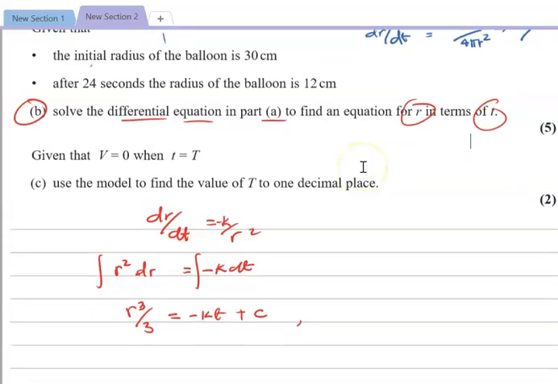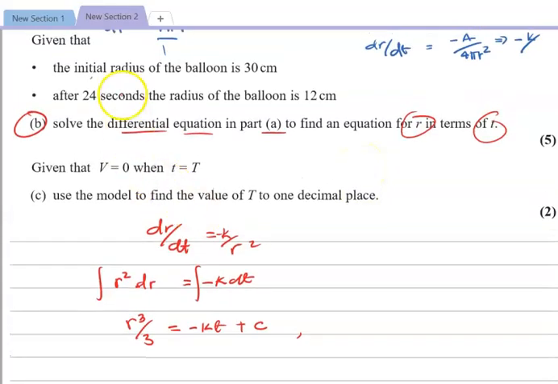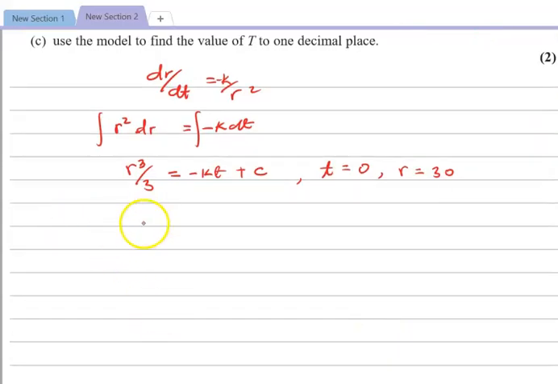So they have given us initial conditions here. The initial radius is 30. That means at t equals 0, r is equal to 30. We just substitute that in to find the value of c. So 30 cubed over 3 is equal to negative k times 0 plus c.